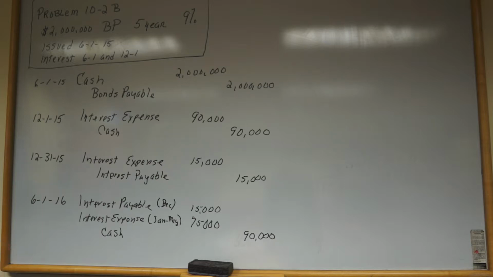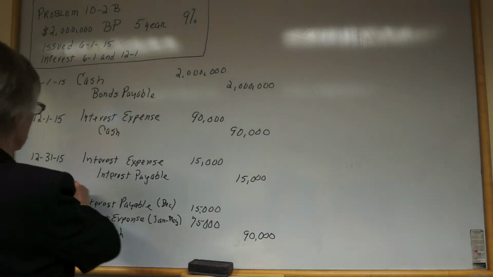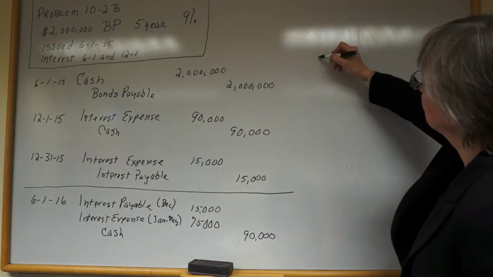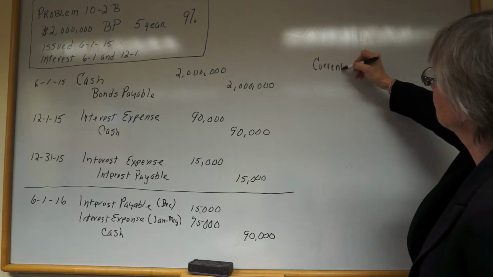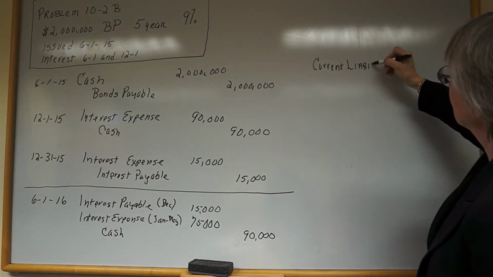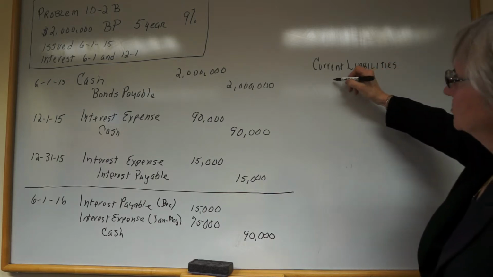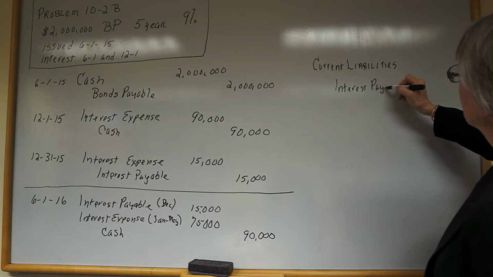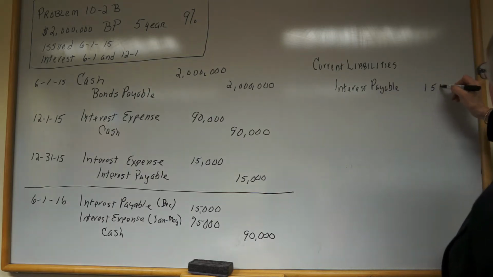But they're asking, as part of the problem, they actually don't ask you to do all this, but what they did ask you to do was at 12/31, to come up with what the balance sheet would look like. So at 12/31, now let's go back here, okay? At 12/31, you would have your balance sheet, and you would have your current liabilities. Okay, so you'd have some current liabilities on the balance sheet, and that would be your interest payable of 15,000.